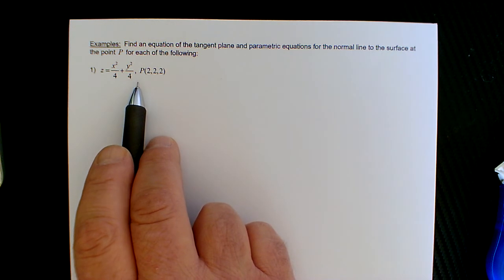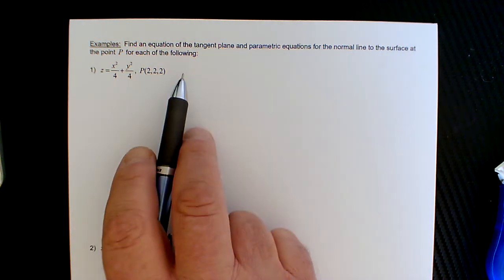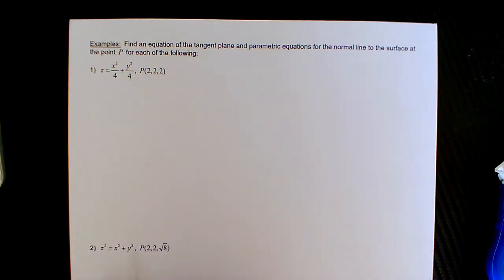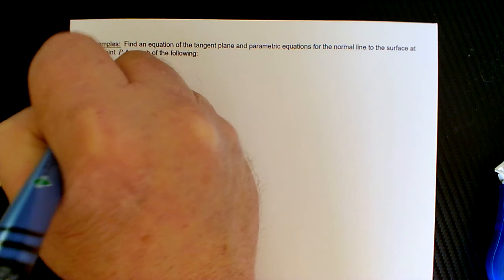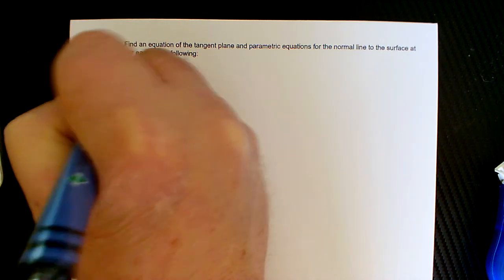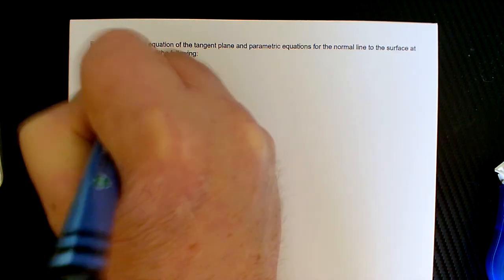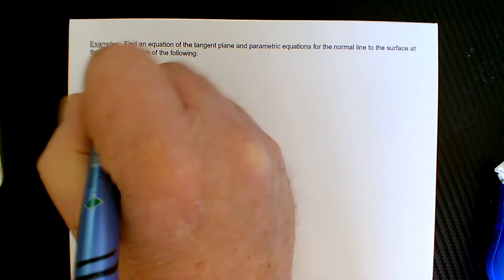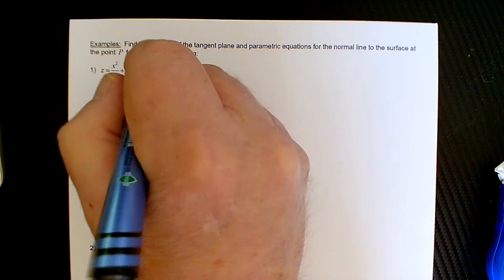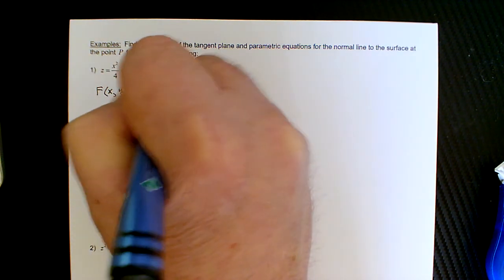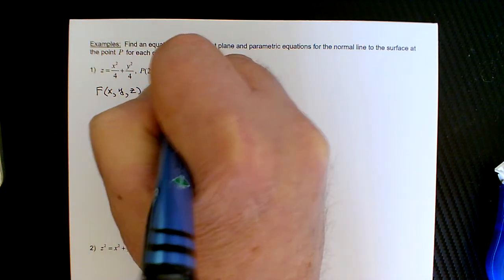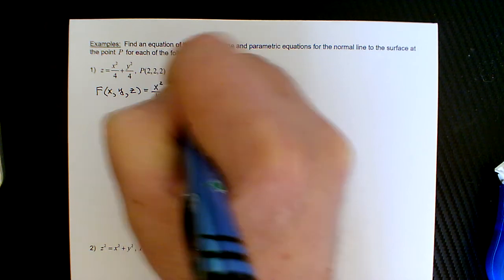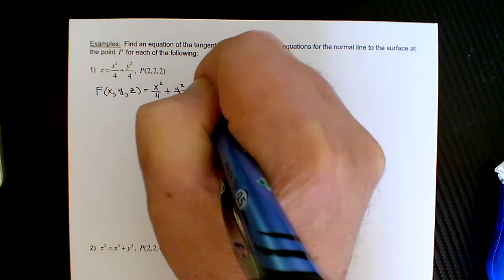Once again, we're going to suggest, no matter what, using the implicit version. So f of x, y, z is going to be, here probably easiest to take the z and move it to the right, x squared over 4 plus y squared over 4 minus z.